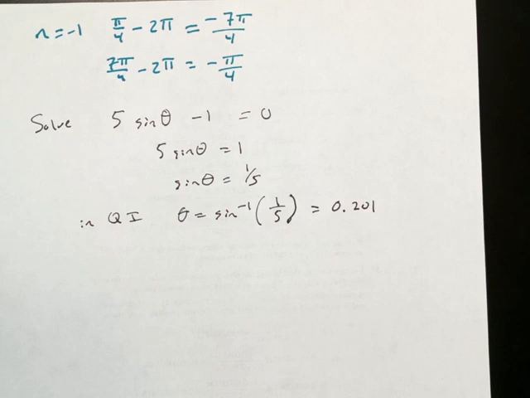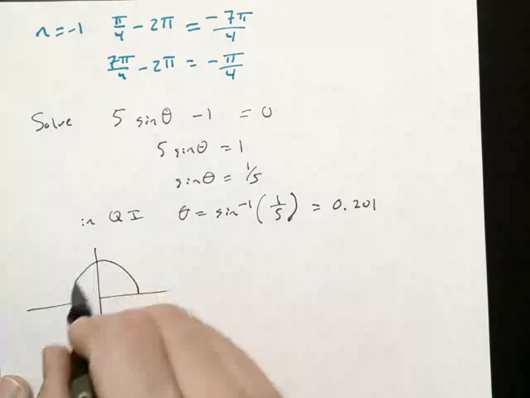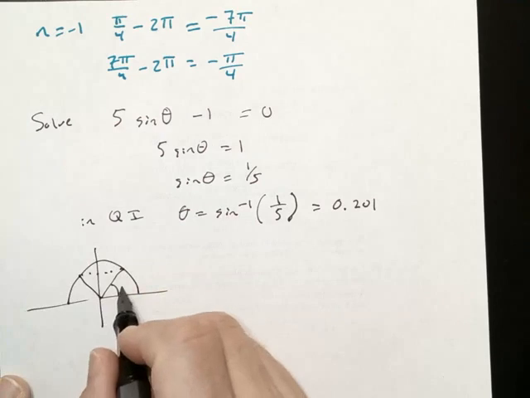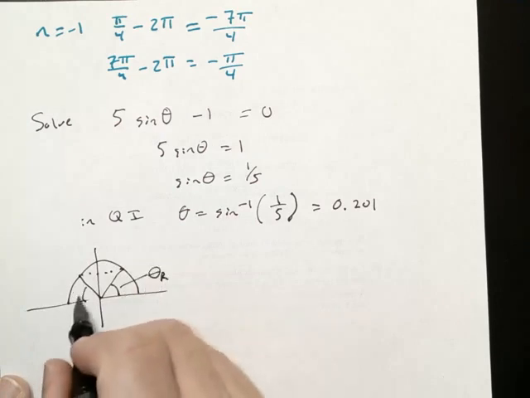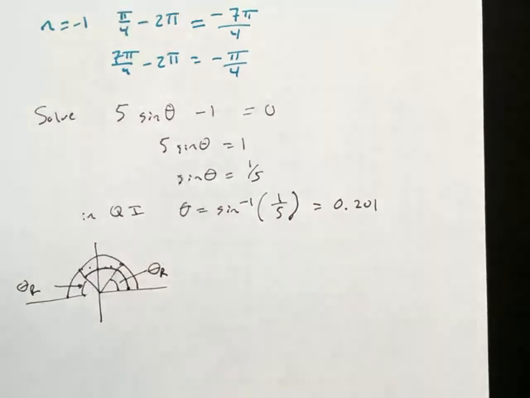Where's the other angle? Which quadrant's the other one in? This is sine, right? The other one's in quadrant 2. What do I do? It's pi minus this one. I want the rest of it.